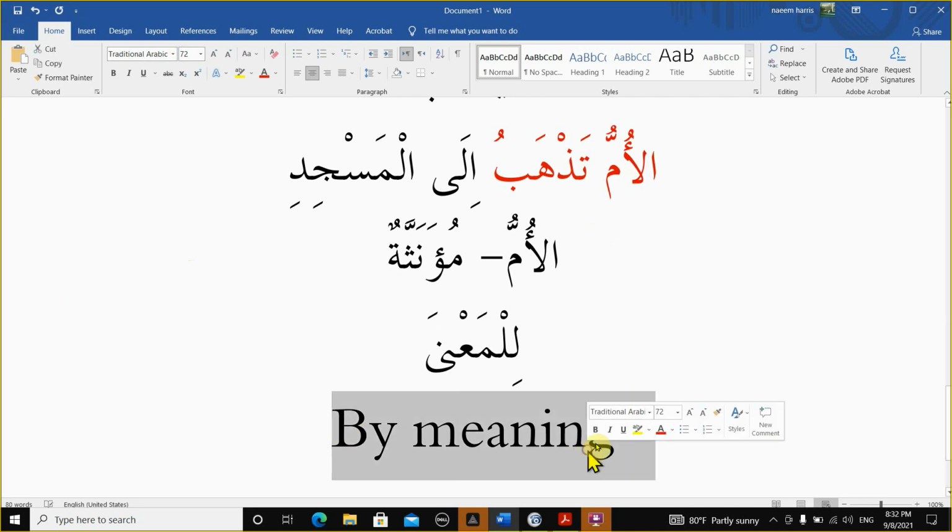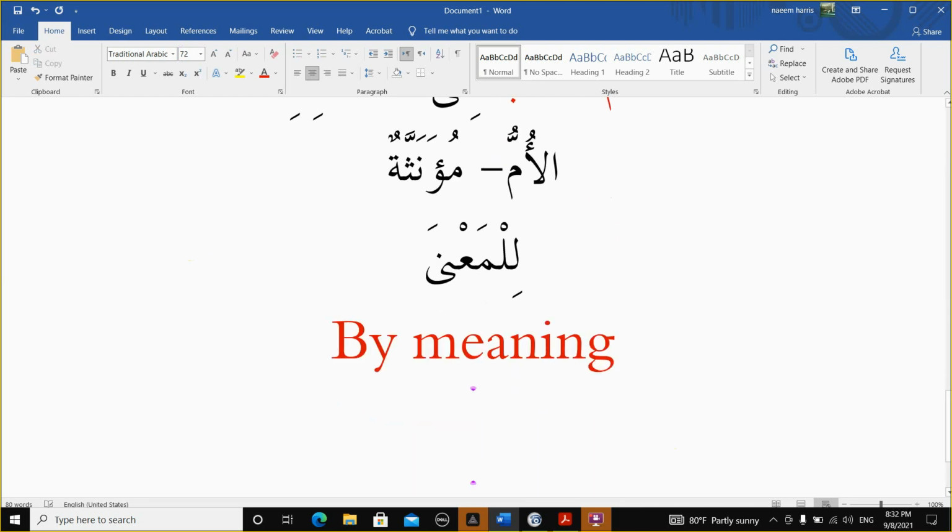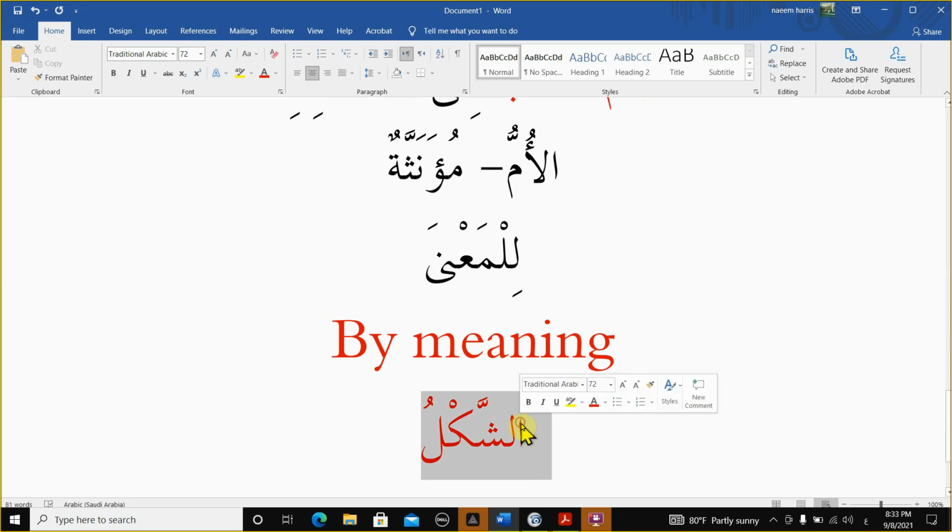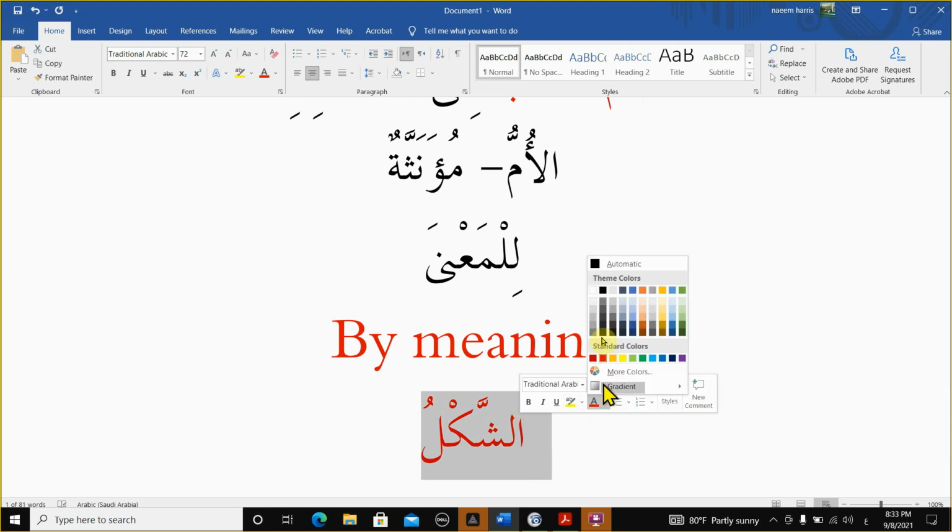One of them is the meaning, and another way is the shape, الشكل. The shape of a word can let you know this word is feminine.